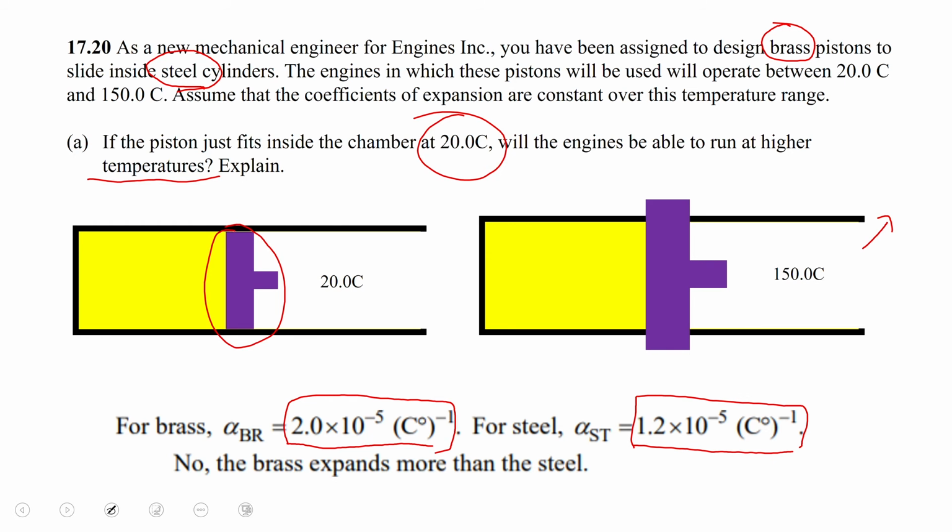So we can conclude that we cannot use it because the brass expands more than the steel. If at the low temperature these two just fit, then when we increase the temperature, the brass will grow faster than the chamber. So this piston is oversized.